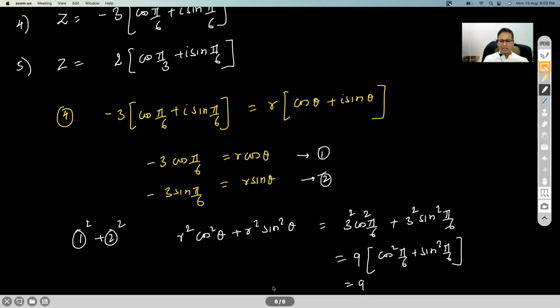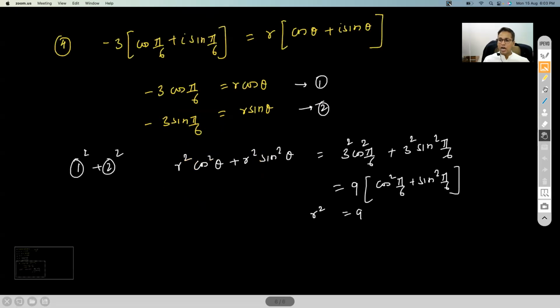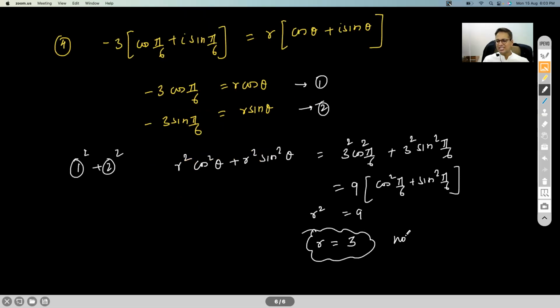And here, if I take an R square common, R square is 9. So R is plus minus 3, but mind you, I will only take 3, not minus 3, because R is the modulus. So I cannot take a negative value for R. Got it?